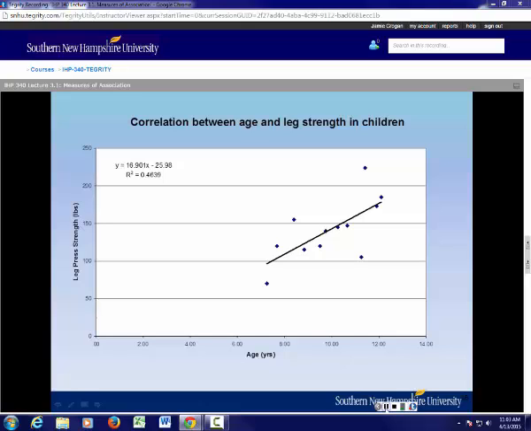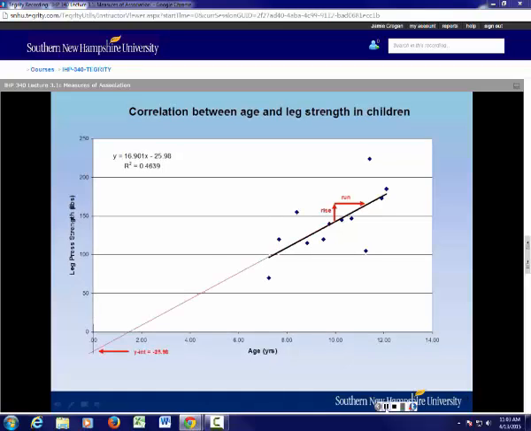And so if age accounts for 46%, if we add another variable to this analysis, we could see if that r squared goes up. So maybe we can add gender. Maybe gender accounts for some variability in leg press strength. Maybe training status. If someone does a lot of strength training, that would improve or account for more variability in leg press strength.